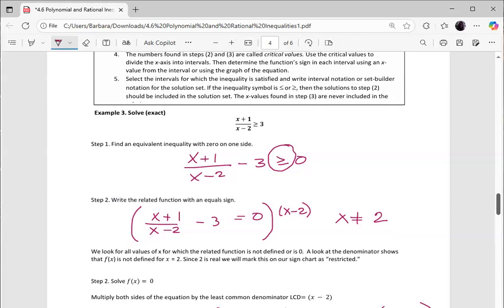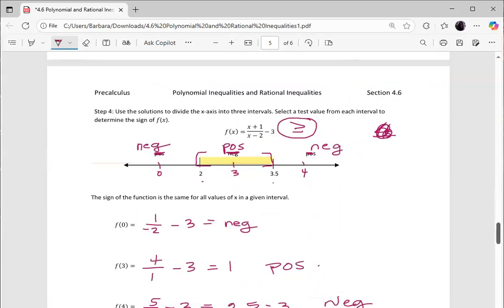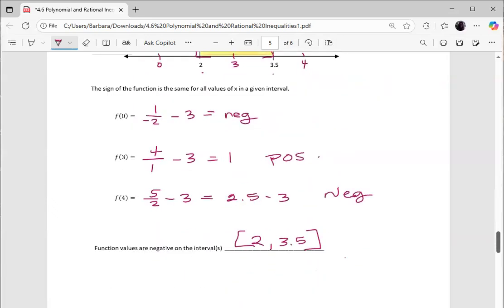Since that's restricted, we know that x can never be 2. So where it's closed everywhere else, at 2 it's going to have to be open there. So we're modifying my answer from open at 2 to closed at 3.5.